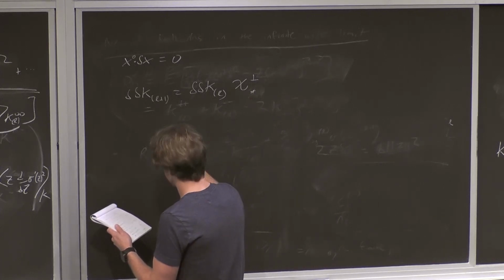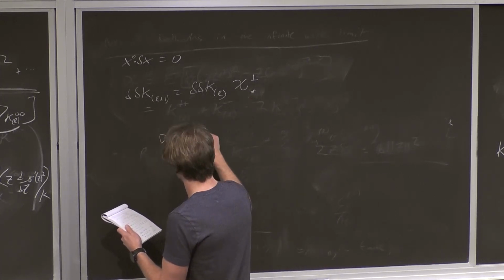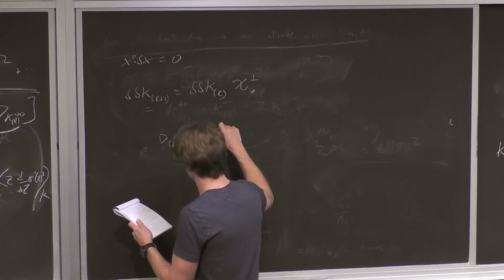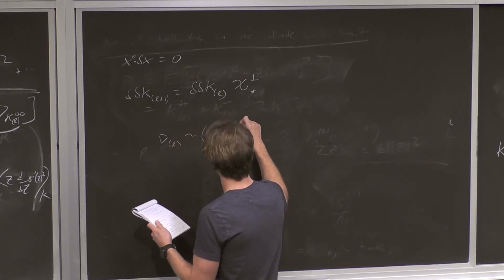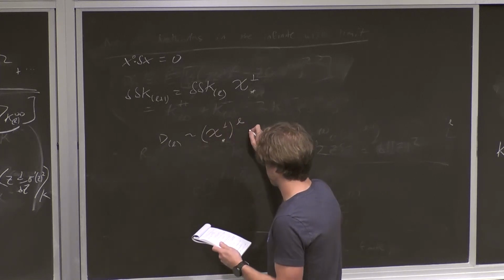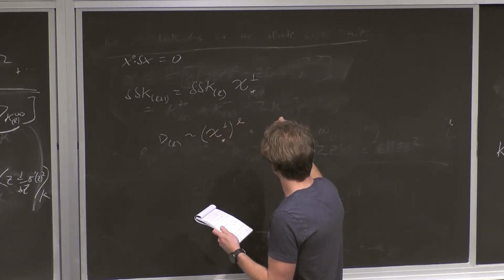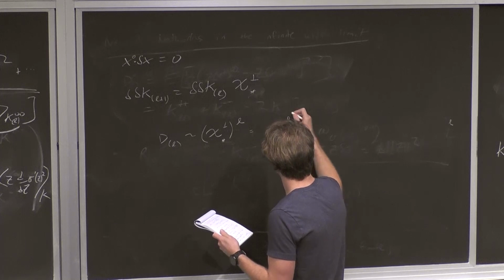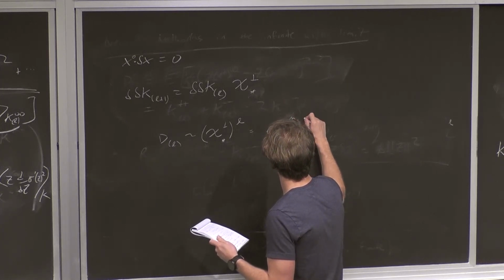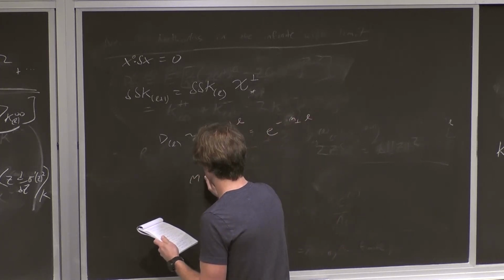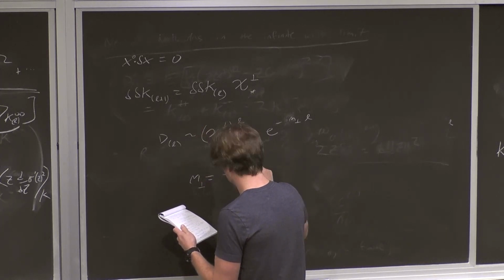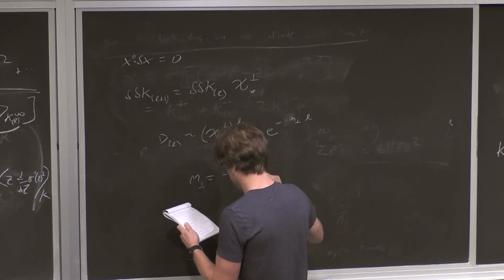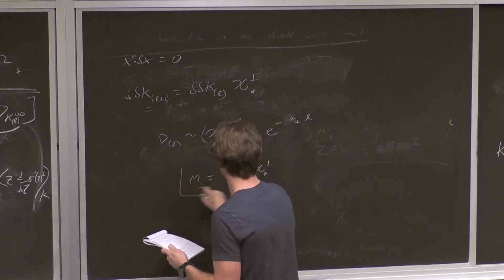If that were the case, then this distance would have the following exponential behavior. The distance would go exponentially in L, which is basically equal to e to the minus m perp times L, where I've defined a mass as minus the log of this chi star perp.